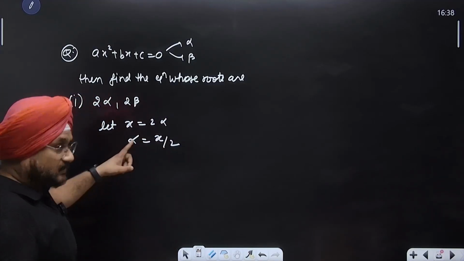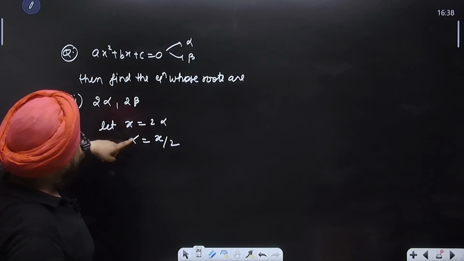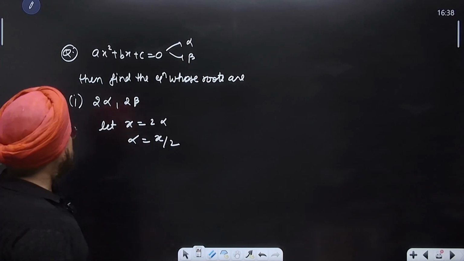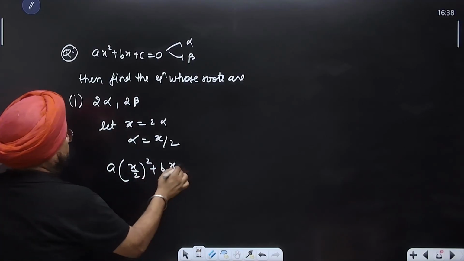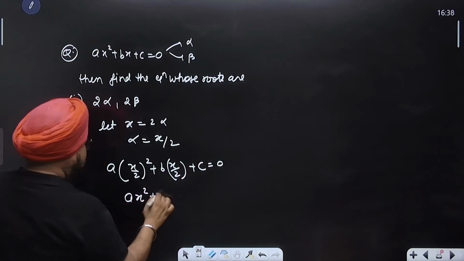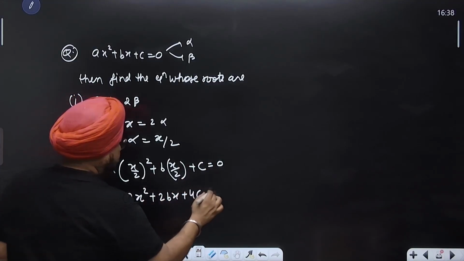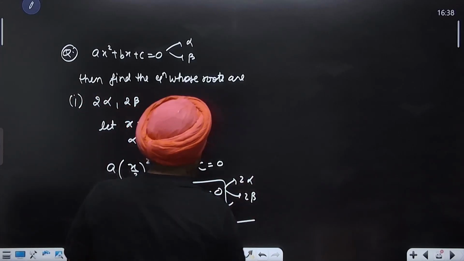Alpha is the root of this equation, so I will replace x by x by 2. So this is the equation whose roots are 2 alpha and 2 beta.